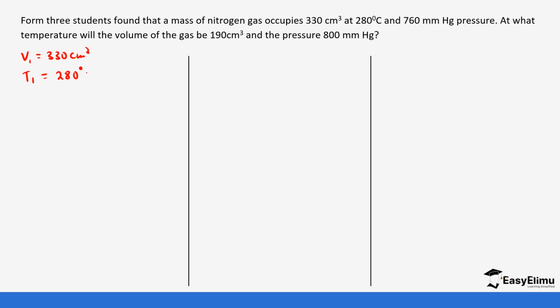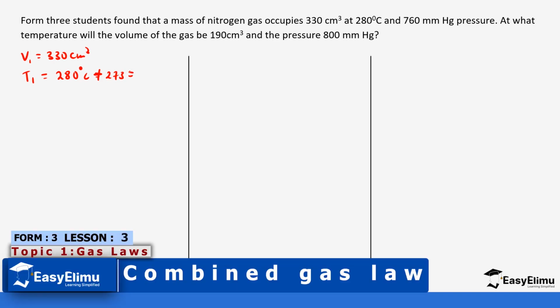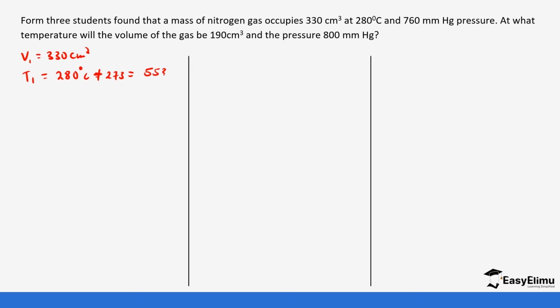So we said you convert this to Kelvin. So 280 plus 273 will give us 553 Kelvin. And 760 mmHg. So we have pressure 1, which is going to be 760 mmHg.